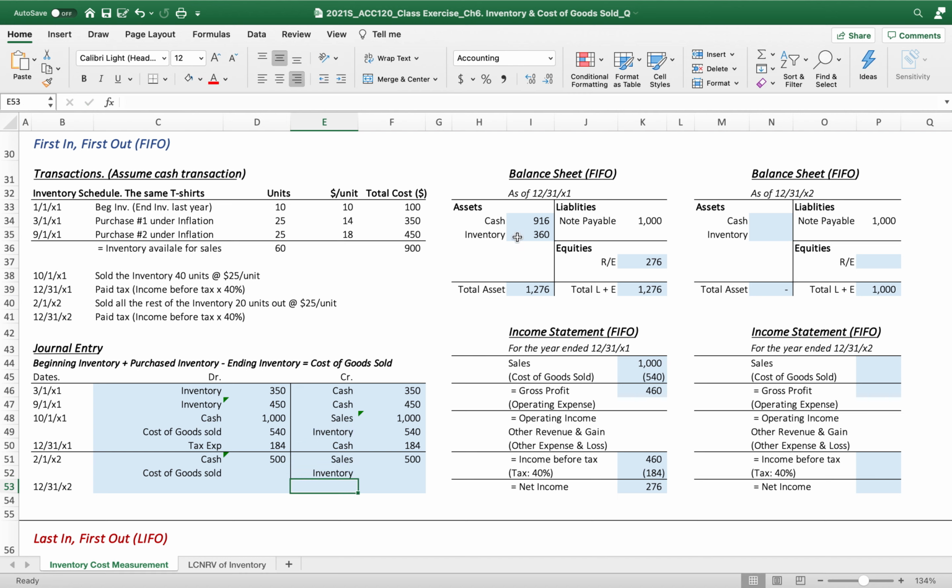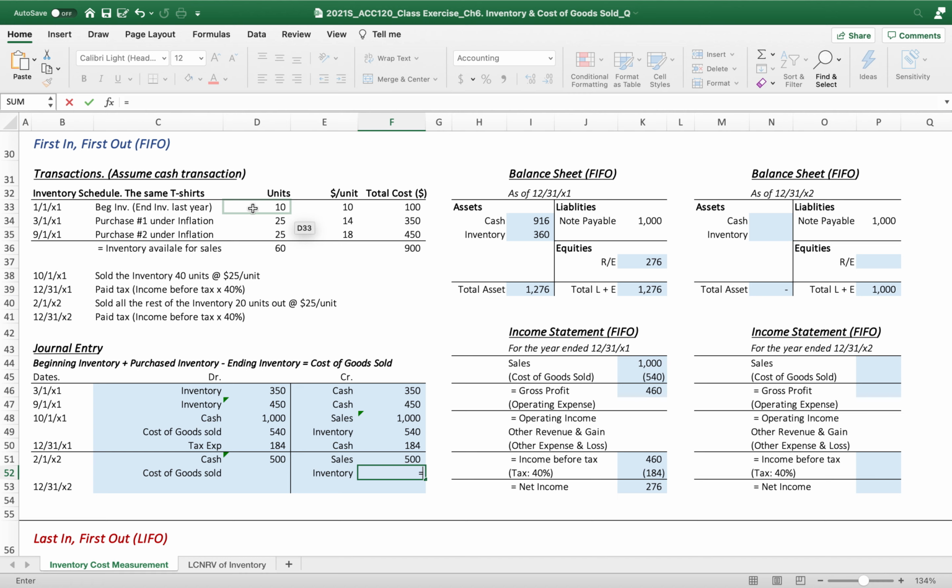It is just the 360, but in order to make sure that this cost of goods sold was 20 units, the remaining is not this inventory of 10, not from this inventory of 25, but the last purchase, because we record first in, first out.